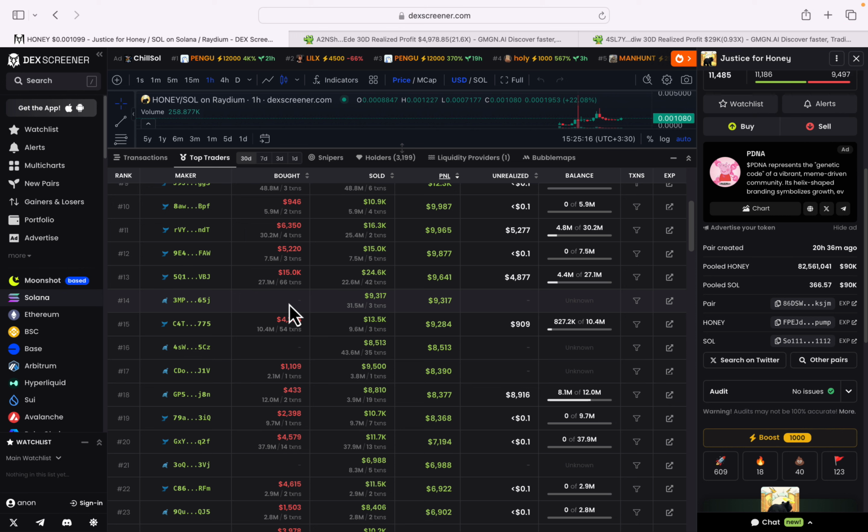Because for those of you that are not familiar with pump.fun, pump.fun is a very famous website for launching tokens, and until your token has reached 95 grand market cap, your liquidity wouldn't be added to the Raydium pool.